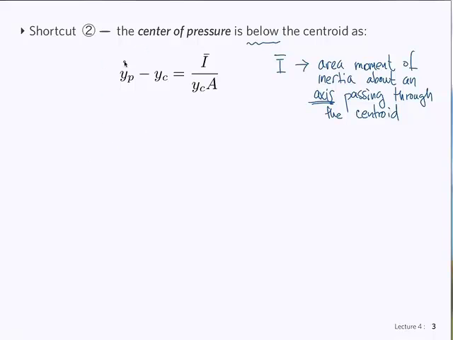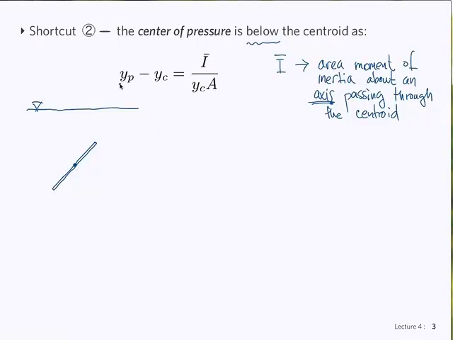Y is, I am not using H here, I'm using Y because, suppose again I have my surface of the water here, and now I'm looking at an inclined surface from somewhere around here. This is a side view of the surface, and I want to calculate the resultant on this surface, and the centroid is somewhere around here.